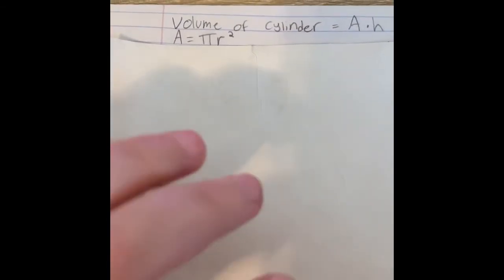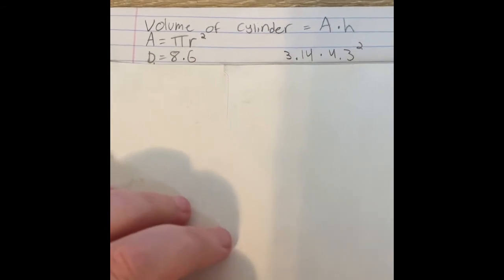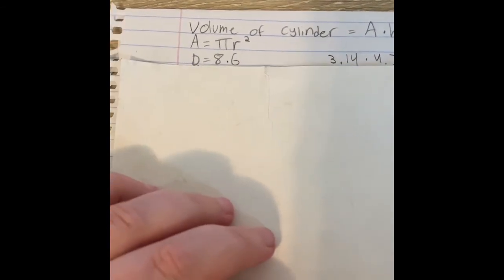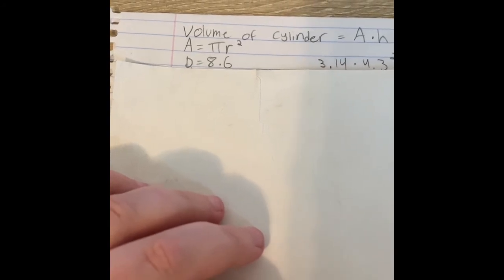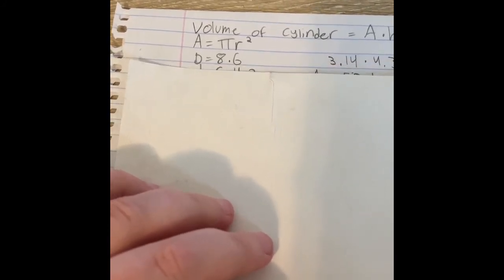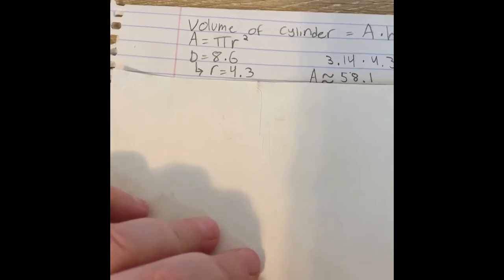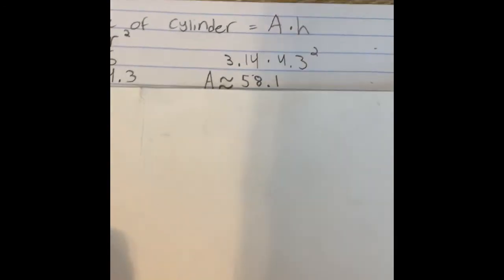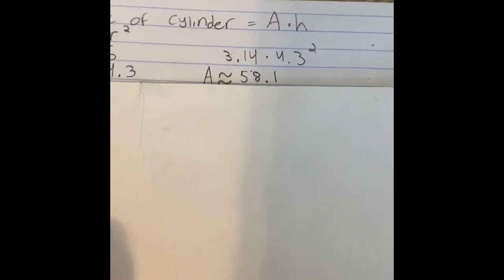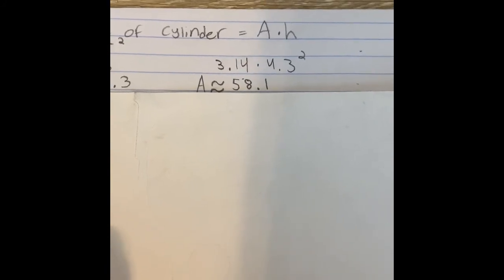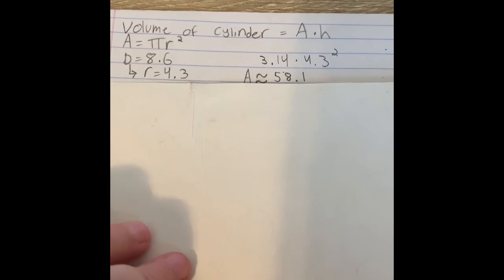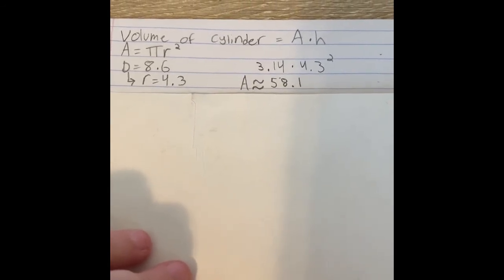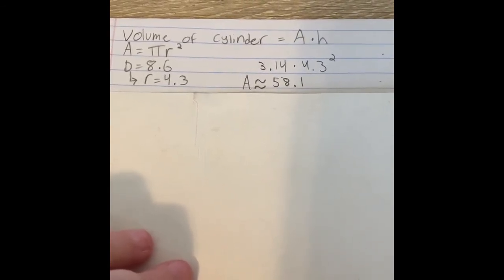We found that the diameter was 8.6 centimeters. Since we just need the radius, we can divide that by 2 and get 4.3. So if we come over here, we will see 3.14 times 4.3 squared, remember pi r squared, and we will get an approximate area of 58.1 centimeters squared.